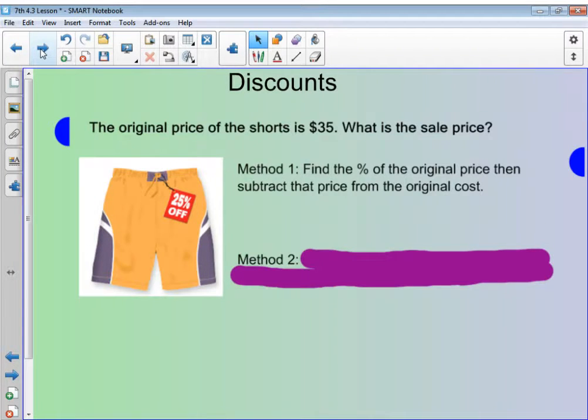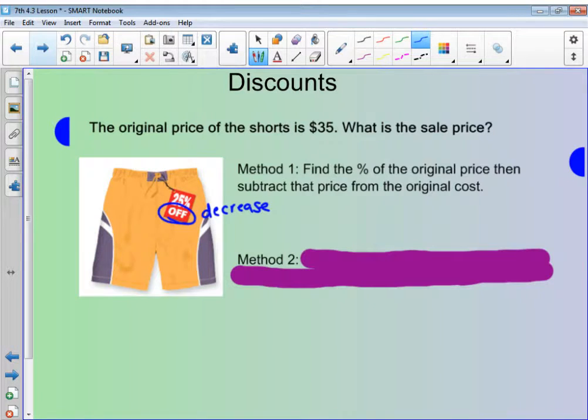It says find the percent of the original price, then subtract that from the original cost. So you could actually find 25% of $35 and subtract that off. The other method is to do what we did yesterday. When it's a percentage off, that would be a discount or a decrease.